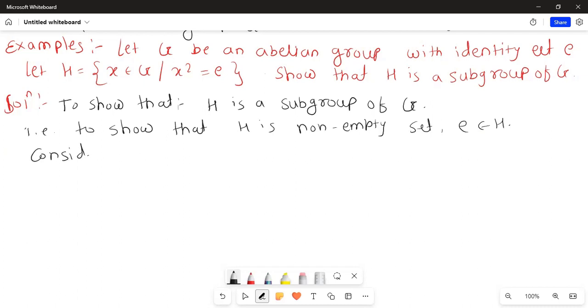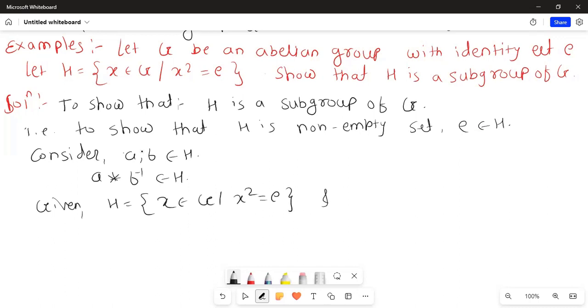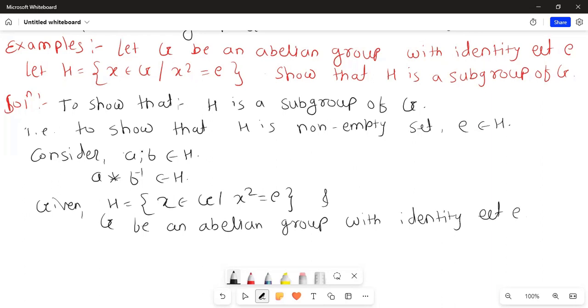Consider two elements A, B belongs to H. Then A star B inverse is also belongs to H. And given condition क्या है, H equals X belongs to G for every X such that X square is equal to E. And G is an abelian group with identity element E. And therefore E square is equal to E dot E. That means E आएगा. और E is also belongs to H आएगा.